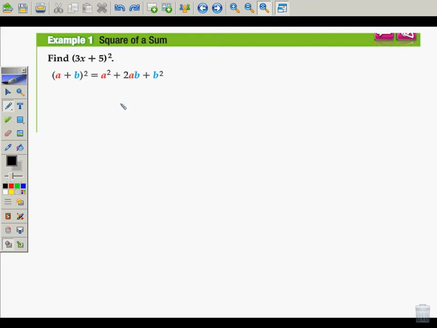Remember, think about in the alphabet, a always comes first, so there's my a. I've got to do 3x, and I'm going to square it, plus 2 times my a of 3x, times b, and notice b comes second, just like in the alphabet, positive 5, so I'm going to have a positive 5 for my b's.